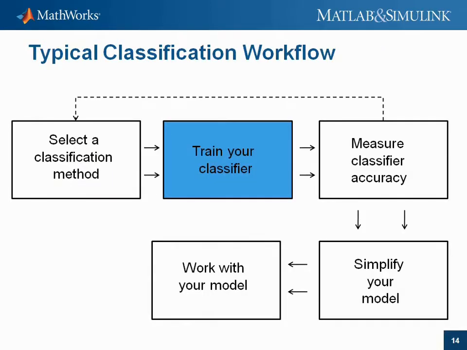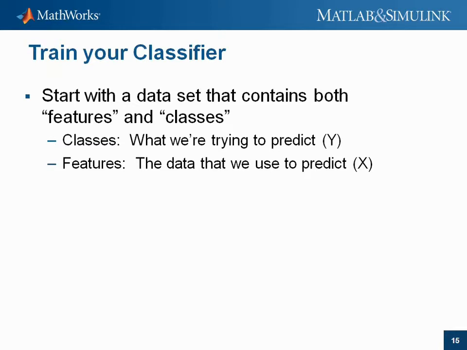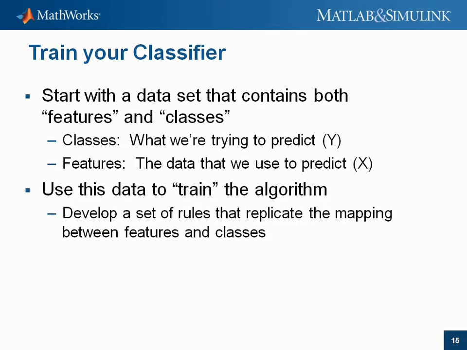Once we've selected our classification algorithm, the next step is to train our classifier. Classification is a supervised learning technique. Classification starts with a known data set that contains a reliable mapping between features and classes. When we train our classification algorithm, we develop a set of rules that tries to replicate the same judgment.